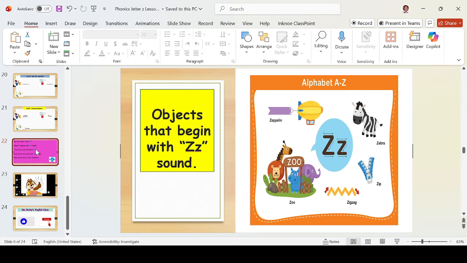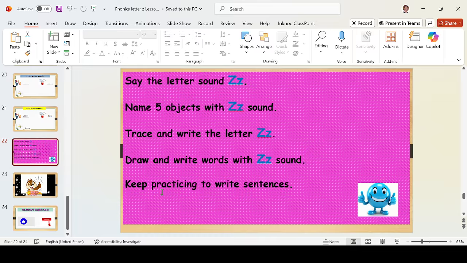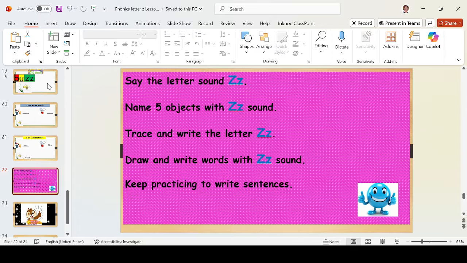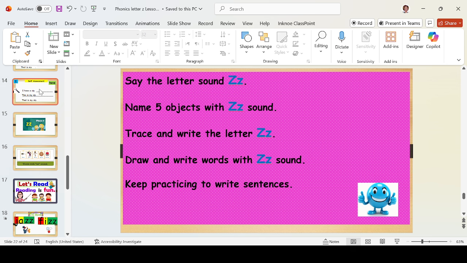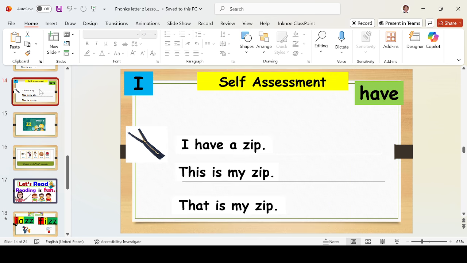All right, so now the next thing is I want you to keep on practicing to write the sentences. Where are the sentences? Let me show you the sentences that we have. Okay, so for here we have one picture and we wrote how many sentences? 3. So you can also add, you have a zip.